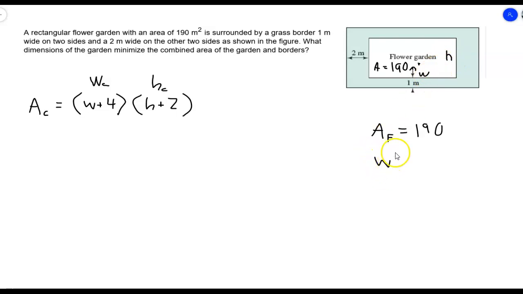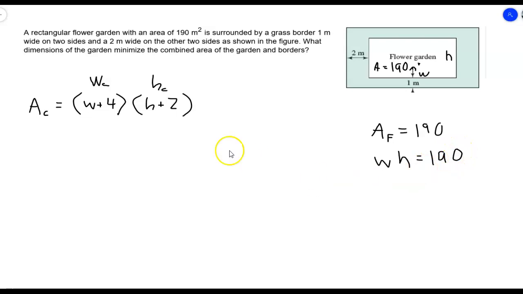It makes it a lot easier because we notated the smaller one as that. If we had notated the larger rectangle as width and height, we would have had to subtract 4 from the width and 2 from the height to set up this function, which would have been trickier, but we could have done it that way. But width times height here is equal to 190.